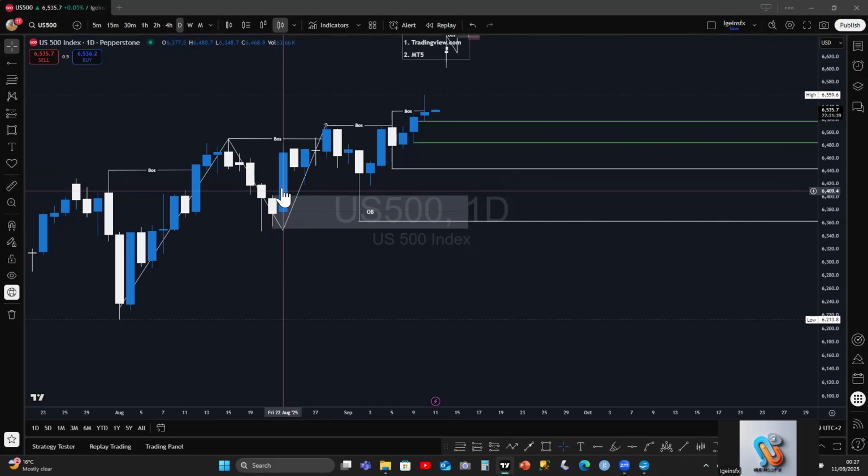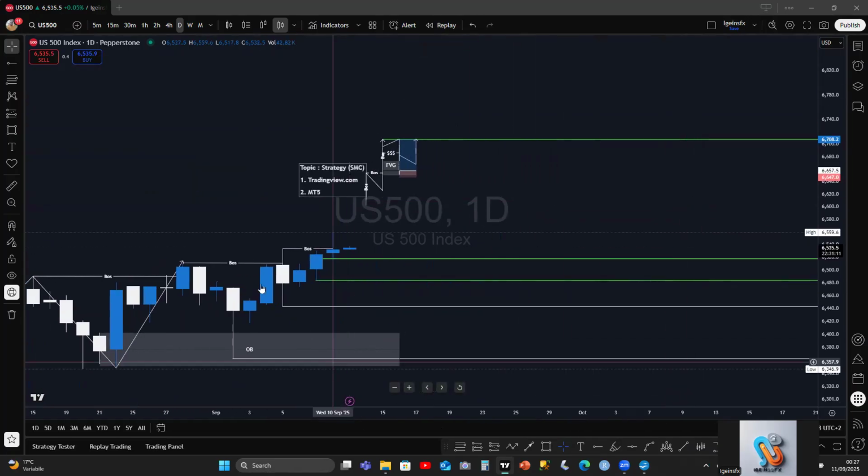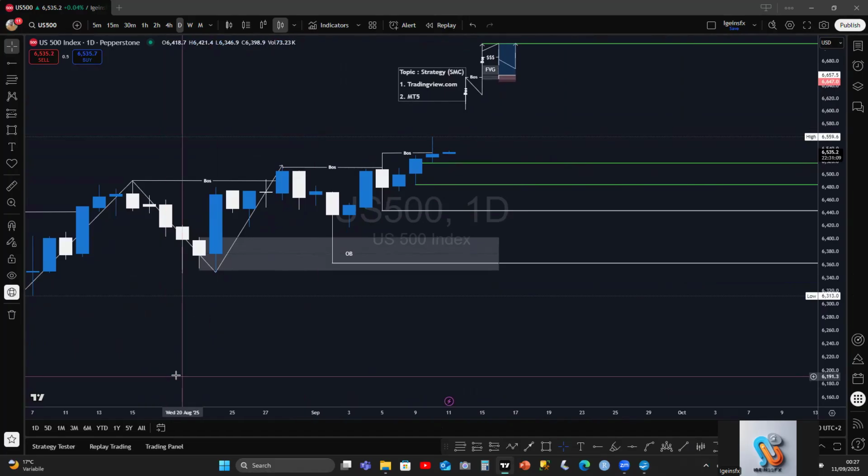So we have fair value gap here. All right. So what is fair value gap here? We have identified the order block. This is fair value gap, and we know that price will come back to interact with this order block. After that, it will now start pushing to the upside. Exactly what I just drew. That is how it is, guys.